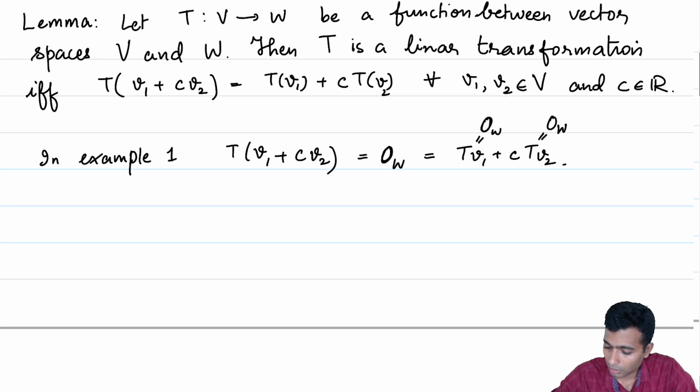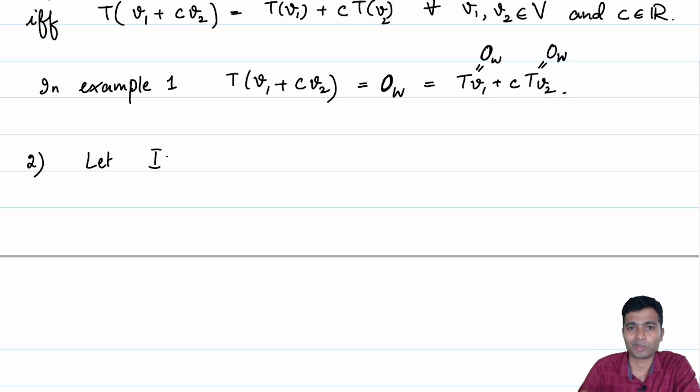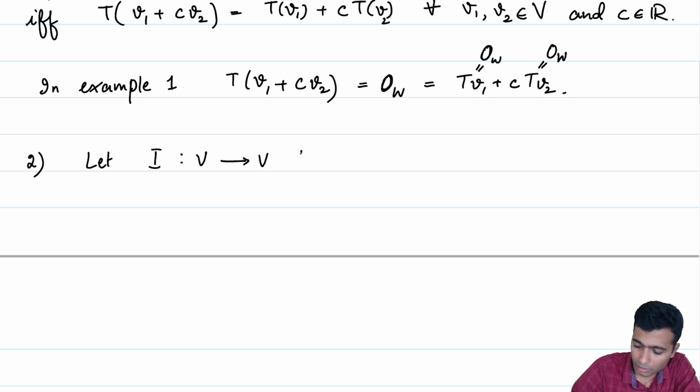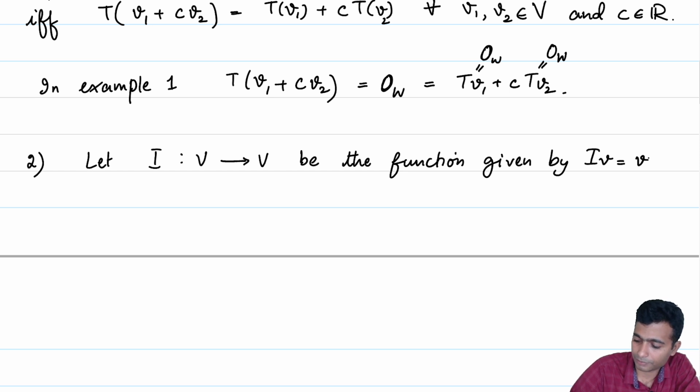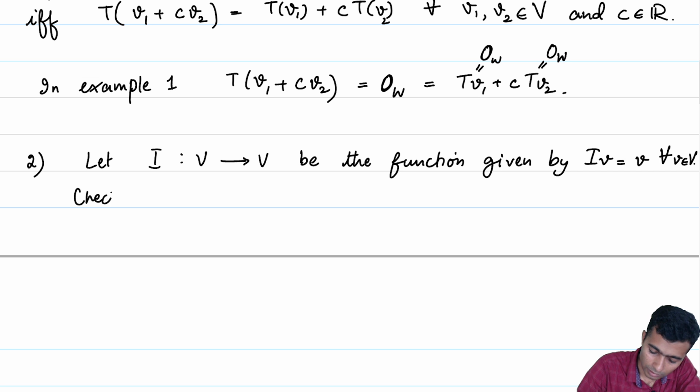Let us look at the second example. Let's call this particular map I. So, T is not necessarily the only alphabet you should be using. Let I from V to itself be the map given by I of V is equal to V for all V in capital V. Again, check that I is a linear transformation.